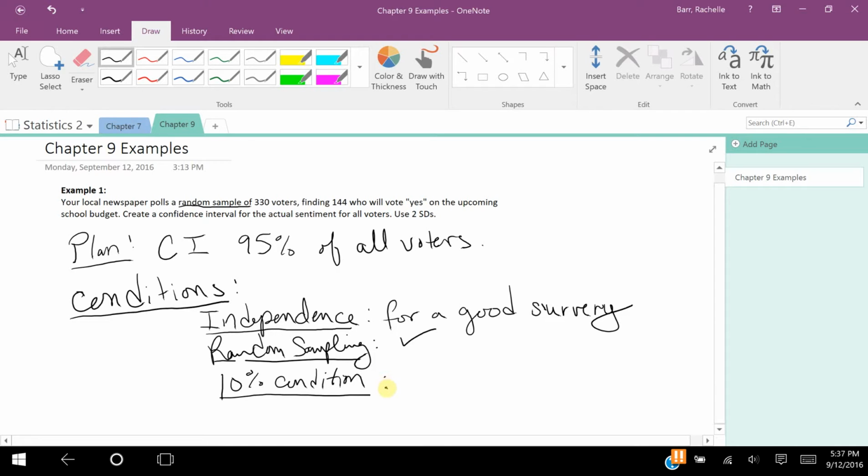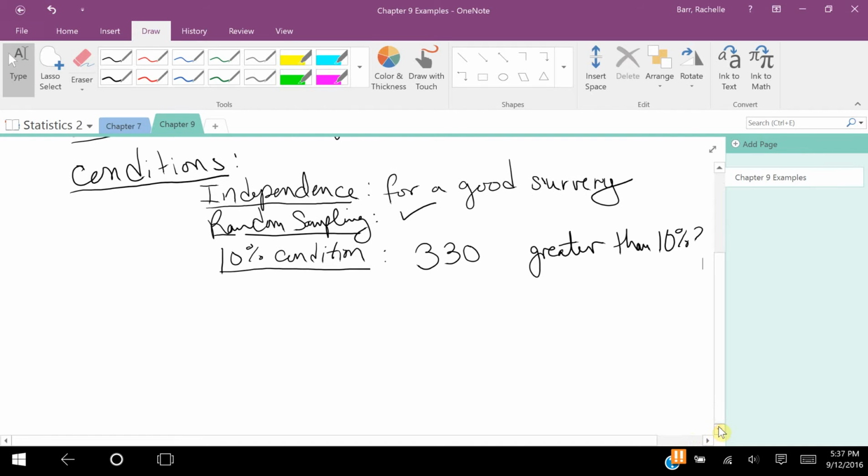So you want to ask yourself, is my sample larger than 10%? Is my population smaller than 3,300? Because if you're dealing with a small town, then yes, you've broken this condition. But if we're not dealing with a small town, this is likely not true.